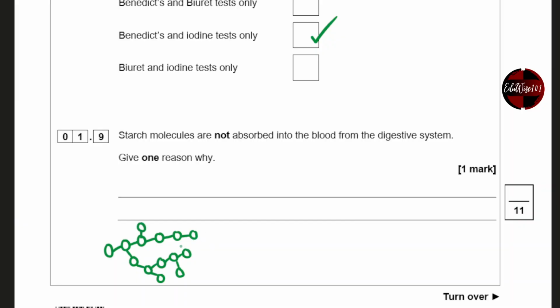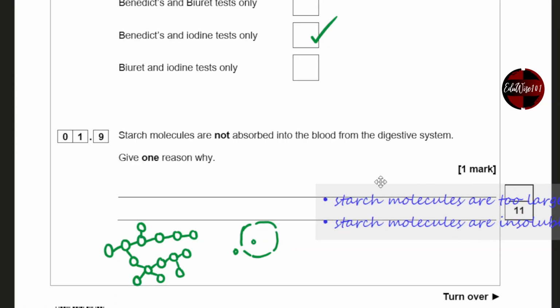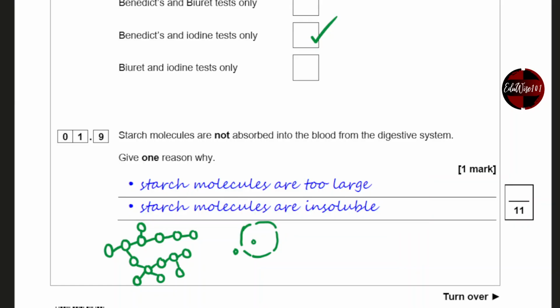Now, because it's quite big, it can't go through the cell membrane. So if that's the cell and there's spaces for the molecules to go through, it won't go through the gaps. If it was to go through, it needs to be small molecules one at a time. So the answer is starch molecules are too large. You could also say starch molecules are insoluble.